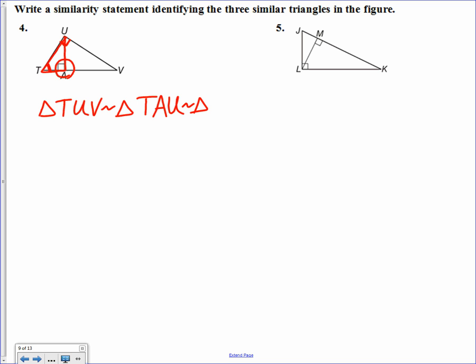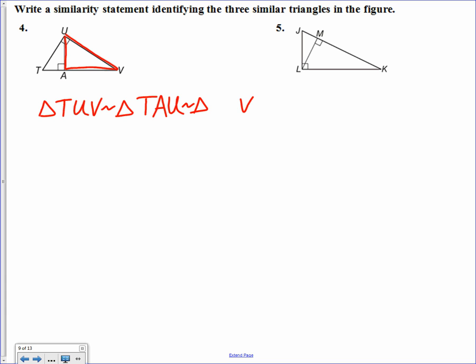And then I would do the same thing again using the large triangle and this other triangle here. In this one, they both have a right angle and they both share angle V. So V has to come last.